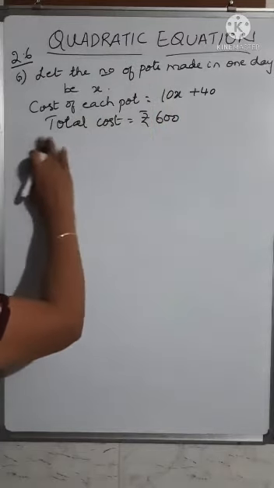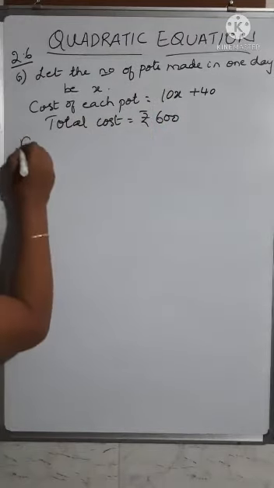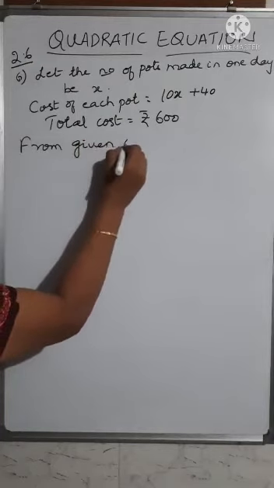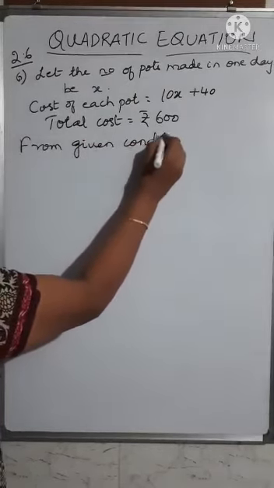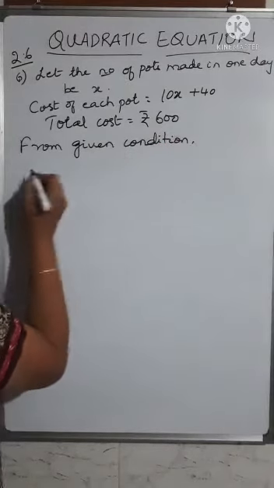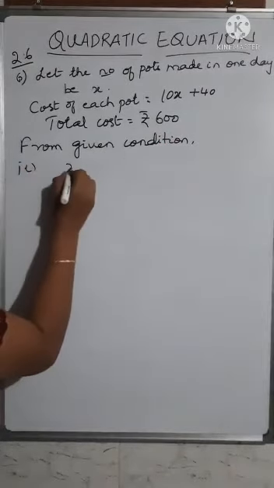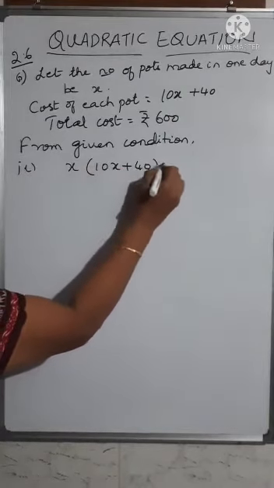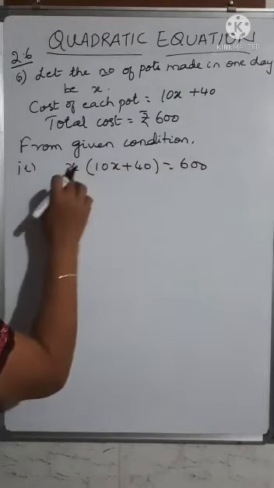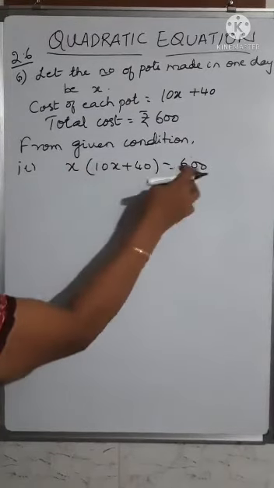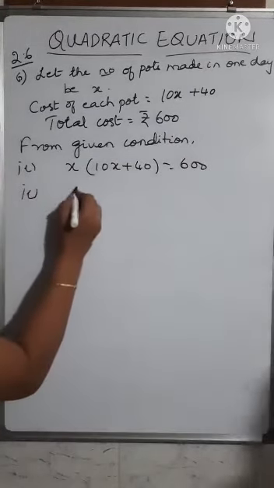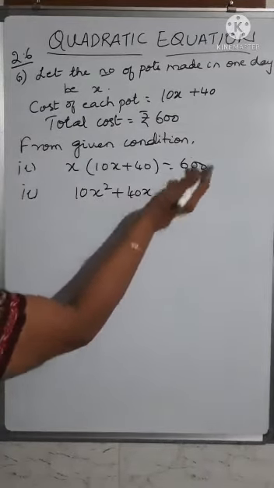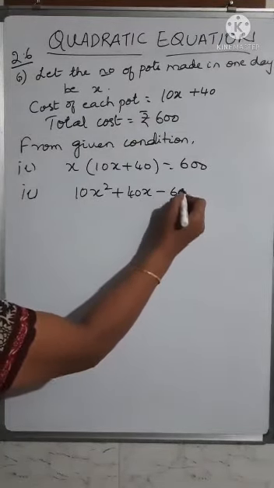When you multiply, you will get the total cost. So from given condition, you get x into 10x plus 40, number of pots into cost of each pot, is equal to 600.